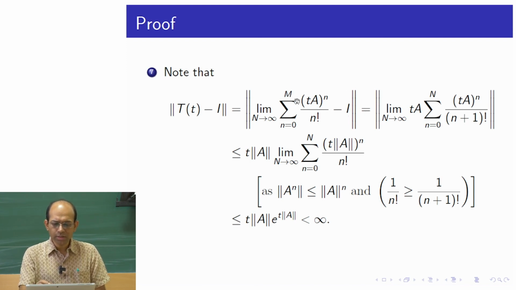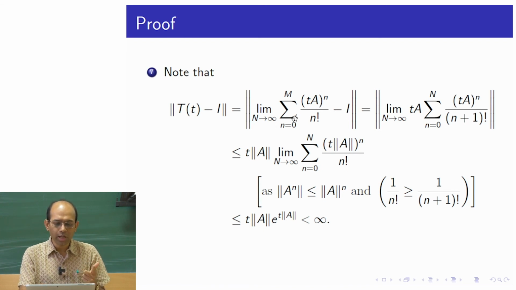This is just rewriting these things. When n is equal to 0 appears in this series, I get (tA) to the power 0, that is the identity, by 0 factorial. That identity and this identity cancel each other, correct?